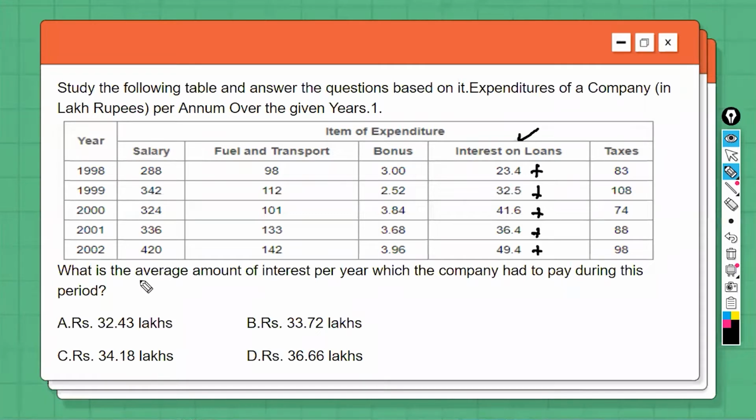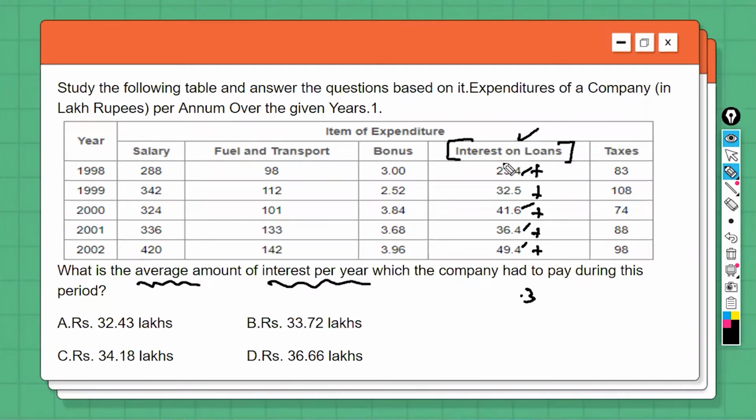They just asked the average amount of interest per year. So this is the interest, and I'm going to add all these values. 4 plus 4 plus 4 is 12, plus 6 is 18, 18 plus 5 is 23.